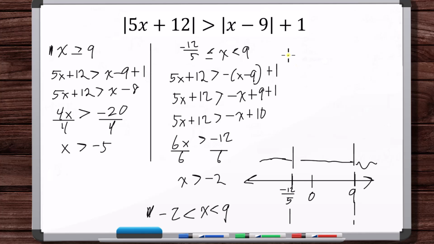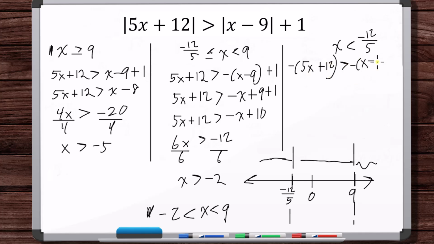So now this region, we've got x is less than minus 12/5. Both absolute values are going to be negative. So okay, we can multiply this entire inequality by minus 1 and flip the inequality.